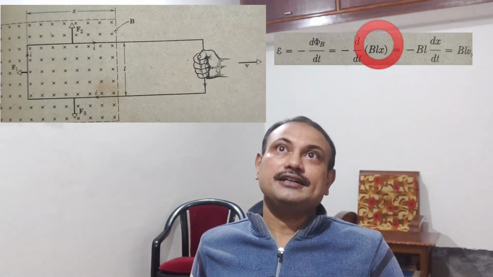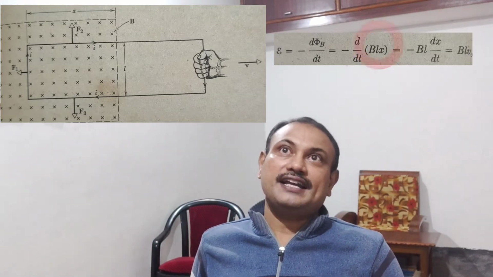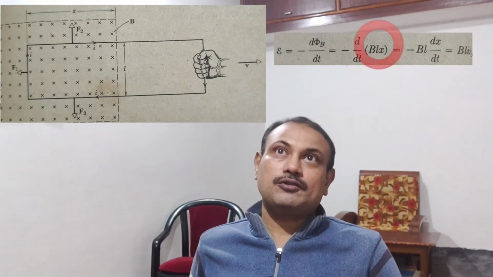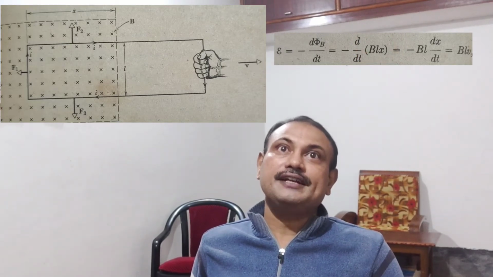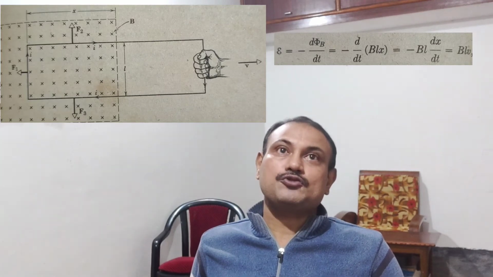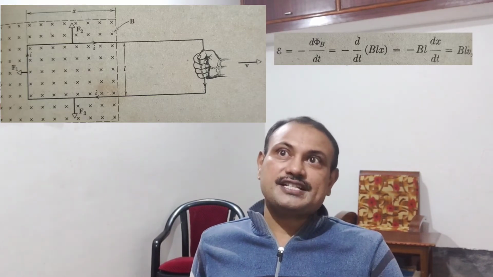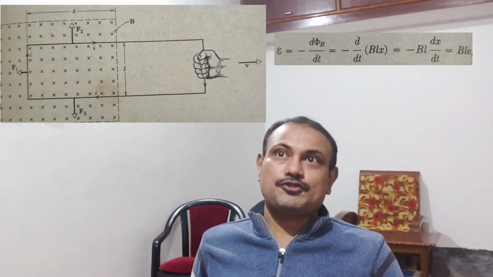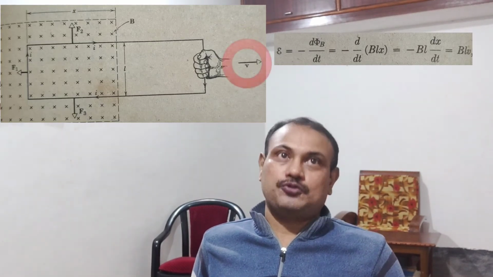Phi, I mentioned, is B L x, because phi is equal to B dot A and area being L x. So in place of phi I write B L x. B and L being constant are taken outside, and what remains is B into L times, within brackets, minus dx by dt, and minus dx by dt I have taken here as the velocity with which the conducting loop is being pulled out.